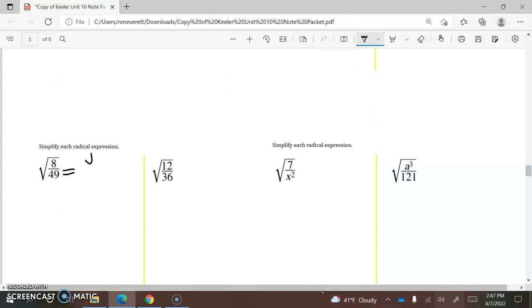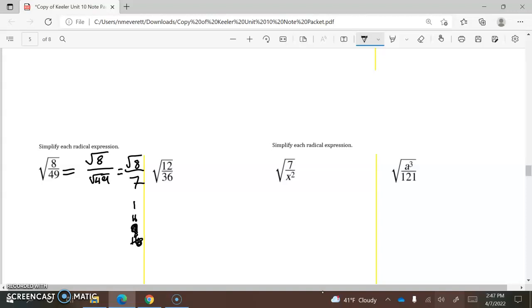So let's do this one, square root of 8 over square root of 49. Well, I know that the square root of 49 is 7, but the square root of 8, well, that's just going to be an ugly decimal, so I can't really do much with that. Now I have to see, can I potentially simplify that square root out?